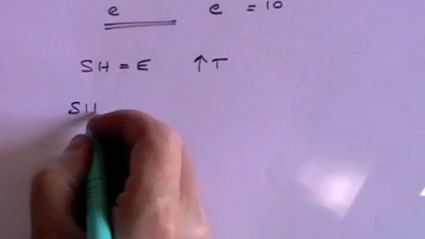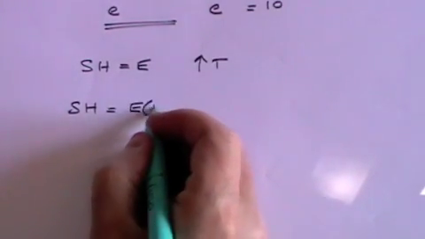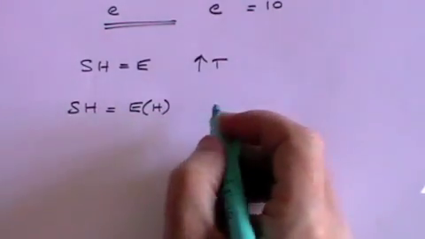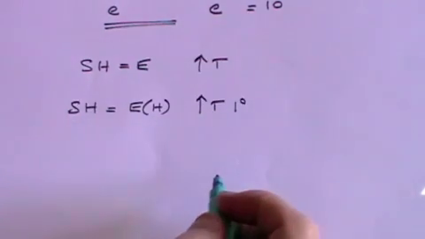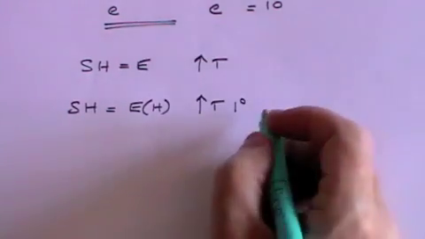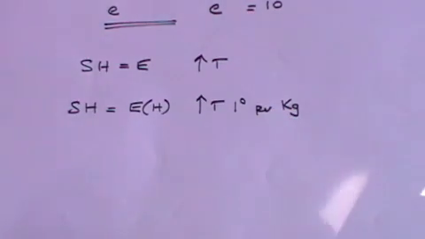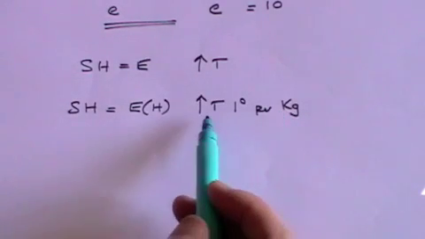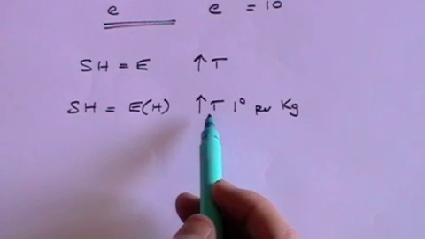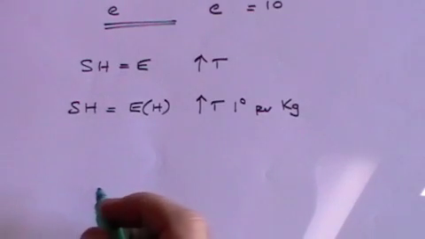And specifically, the specific heat is the energy or the heat needed to raise the temperature by 1 degree Celsius or Kelvin, it's the same, per kilogram of the material. So if you've got 1 kilogram and you want to raise the material's temperature by 1 degree, then you have to put in that amount of energy, and that's the specific heat.